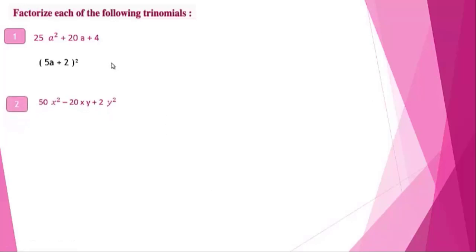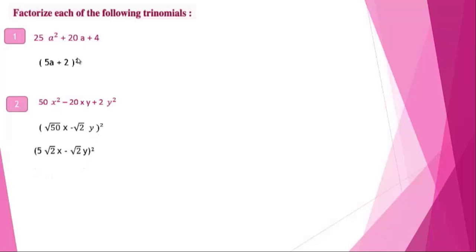The second equation, 50x squared minus 20xy plus 2y squared. Firstly, we check this is a perfect square. Yes, because the first term is a perfect square and the third term is a perfect square.